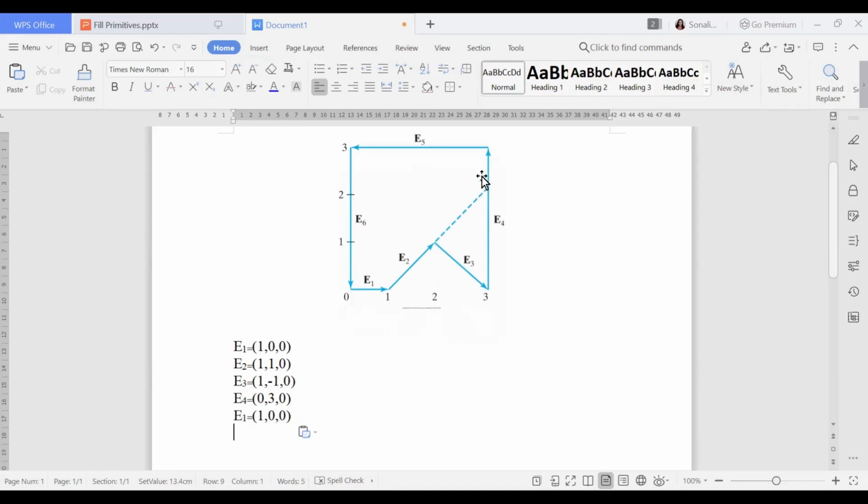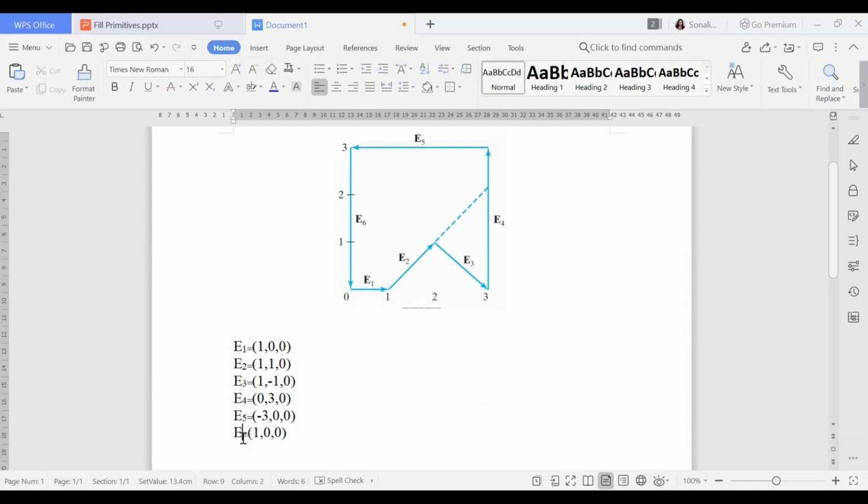Next one is E5. I'll write down here E5. E5 has gone along all three axes, but it is just opposite of my x-axis. As it is opposite of my x-axis, I'll write -3, comma, y-axis is 0, z-axis is 0. Then next I'm going to write for my E6.